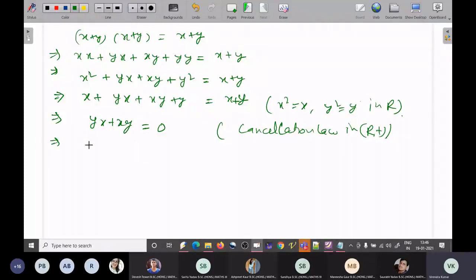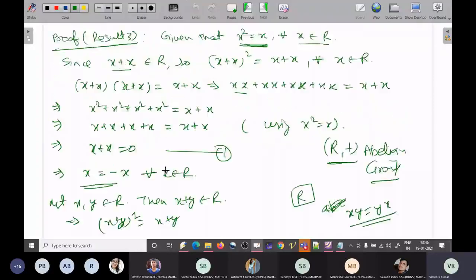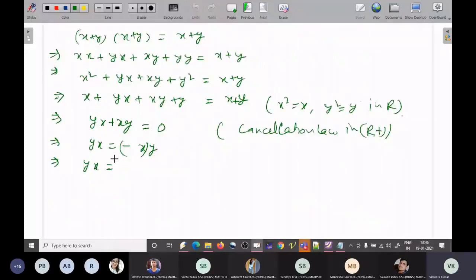Fine, so this implies that yx equals negative xy. This is equal to yx equals negative xy, and negative xy, if we see from here, is equal to xy, since negative x equals x. So this will be xy, we can mark it as 1 dash.